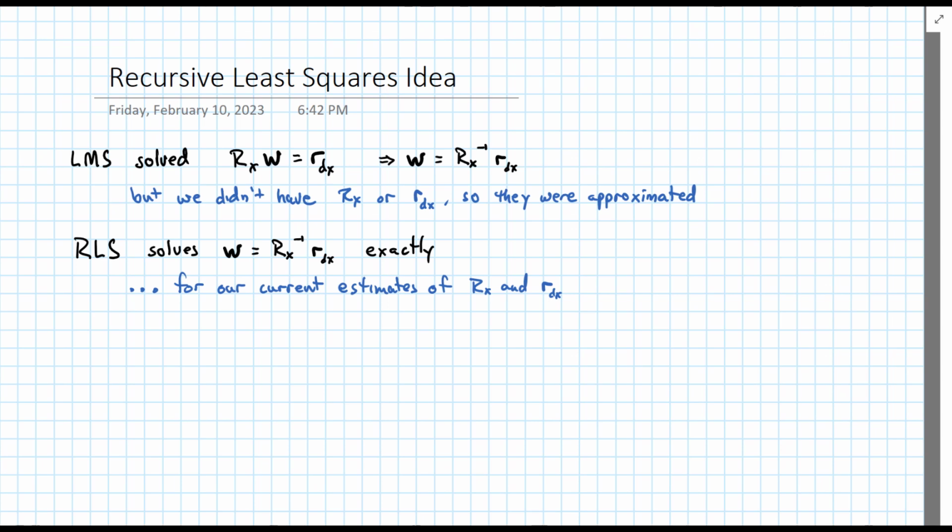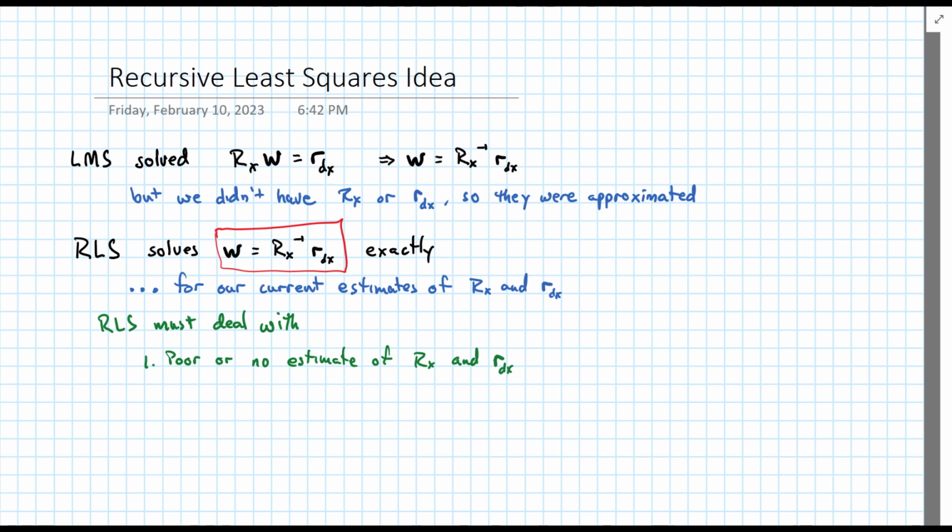RLS, on the other hand, is going to solve w is equal to Rx inverse Rdx exactly, given our current estimates of Rx and Rdx. So it's going to have to deal with a few different things. Let's put those out there first so you can see where we're going with this.